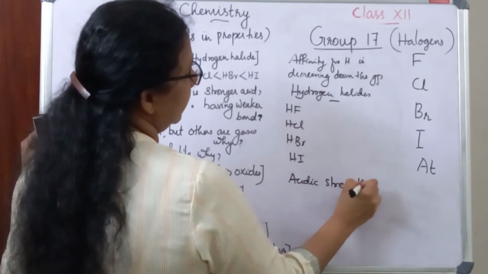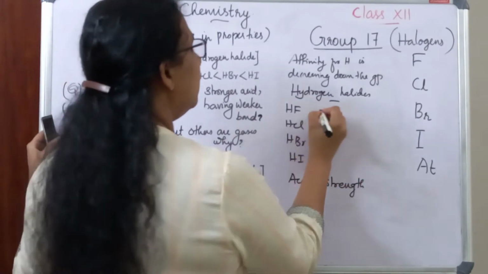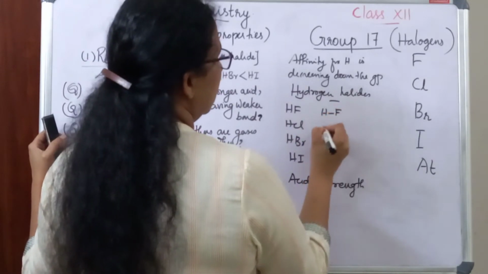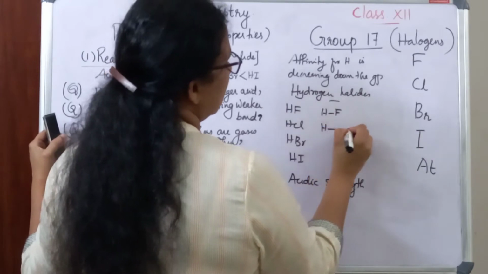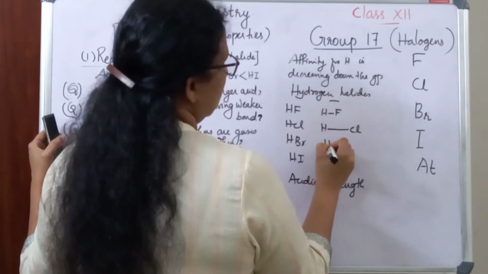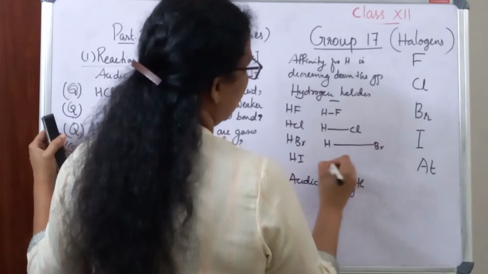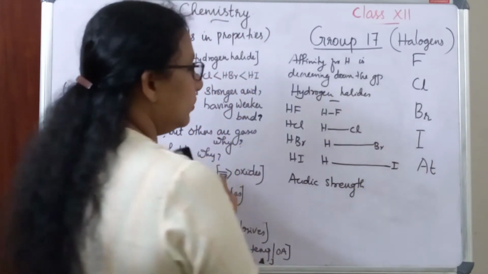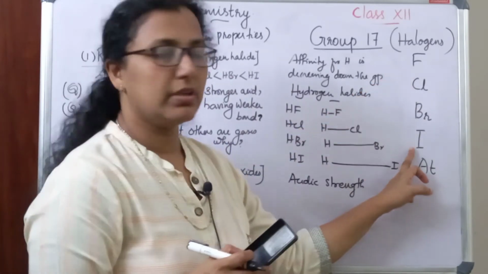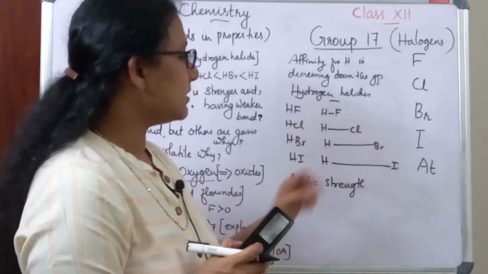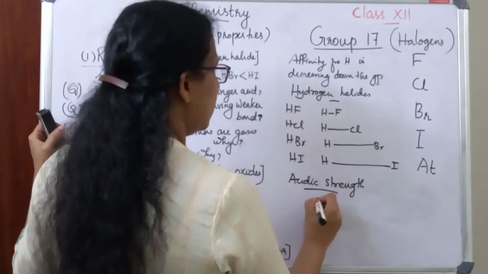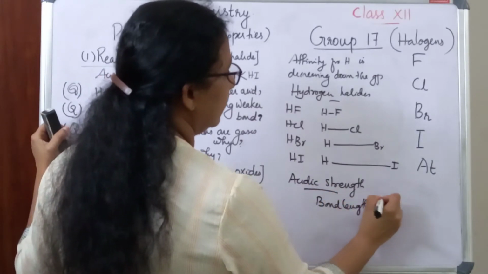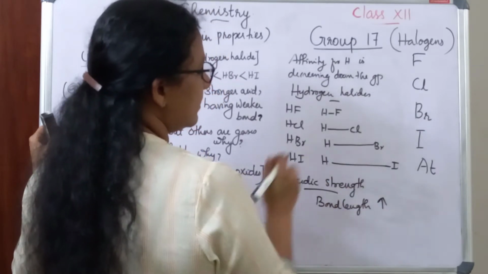For finding out the acidic strength, we need to know the bond length. The bond length is increasing down the group. We know that the atomic size increases down the group, so the bond length increases down the group.